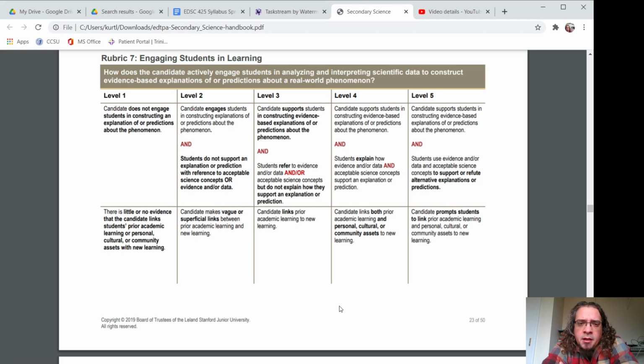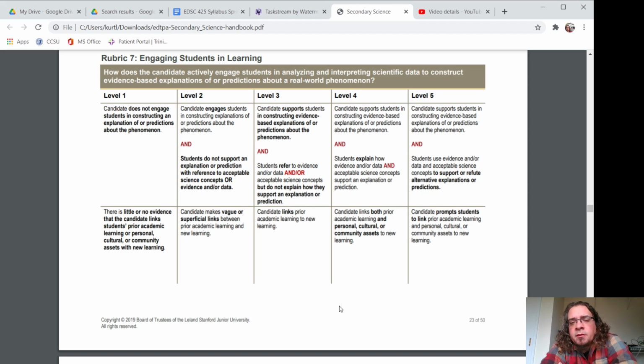So what's really the pattern here, right? Generally speaking, the pattern is going to be students are involved in doing something, level 3. Students are going to be directing things a bit more, level 4. And even more so, level 5. And in this case, it's that students are supporting or refuting alternative explanations. So alternative explanations is not something that's brought up in level 3 or 4.